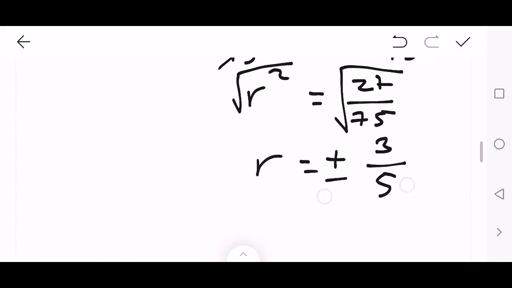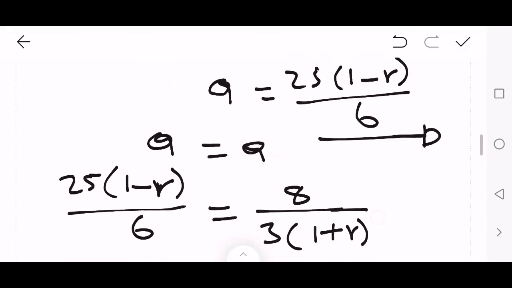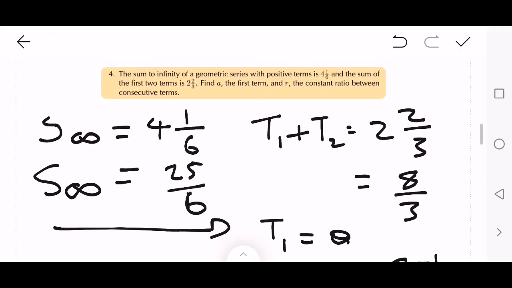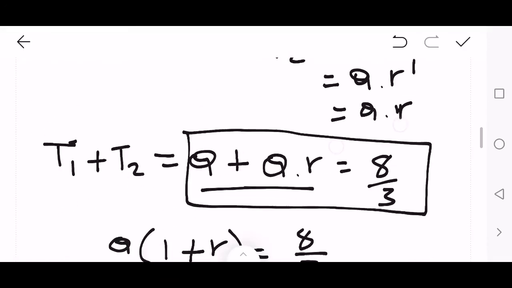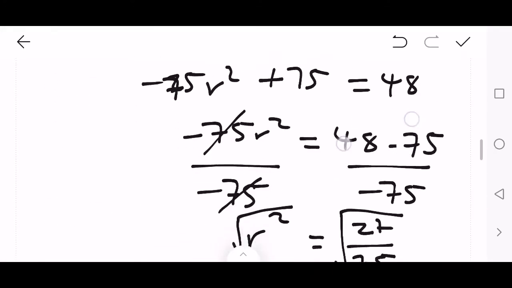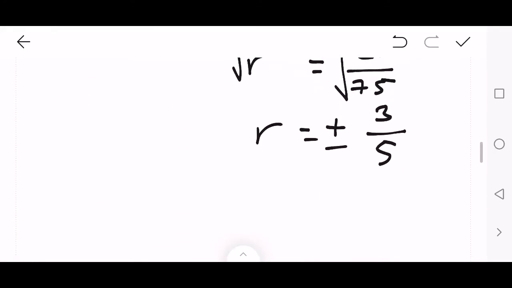But now, as the question said, we're only taking the positive, looking at the question here. The question says the sum to infinity of a geometric series with positive terms. So we're looking at only positive terms. So we will consider r equals 3 over 5.